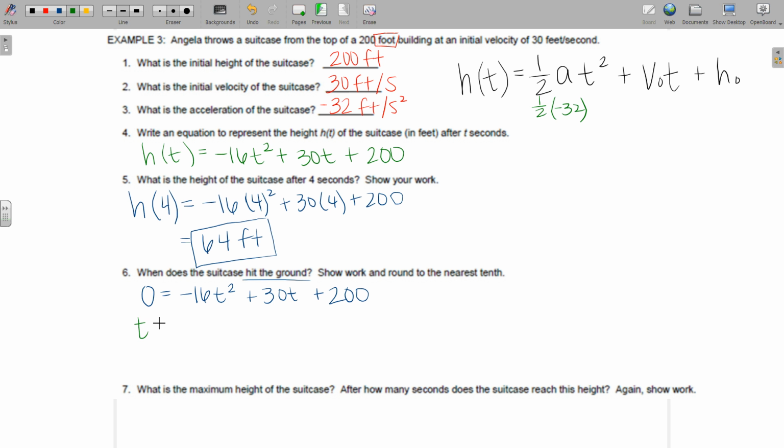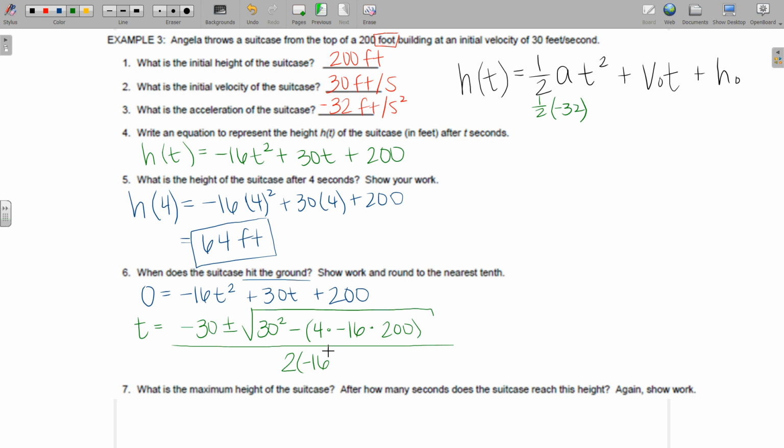So we would say that our time is equal to the opposite of b, so negative 30, plus or minus the square root of b squared minus 4 times negative 16 times 200, all of that divided by 2 times a, so 2 times negative 16.